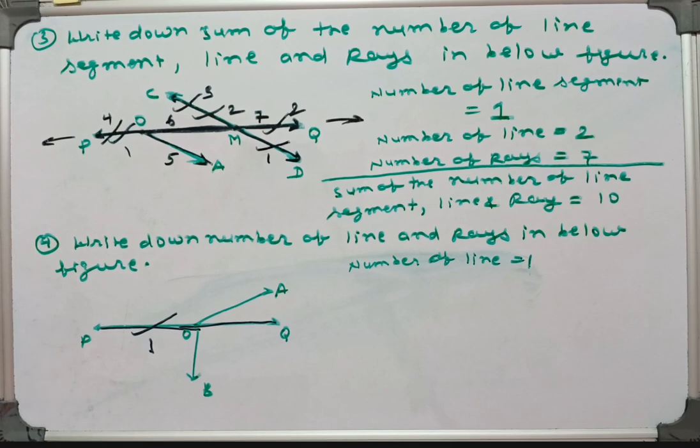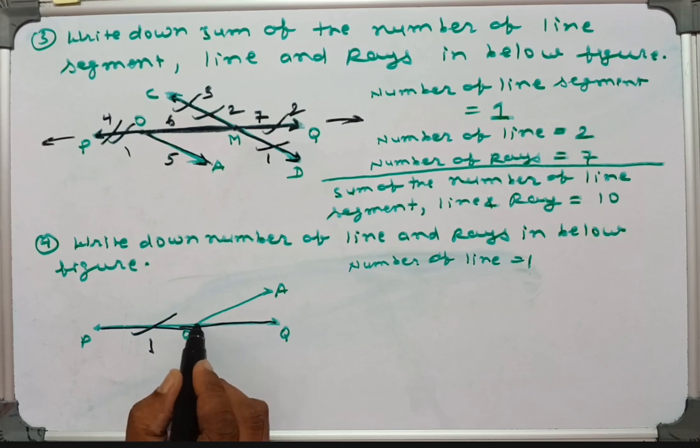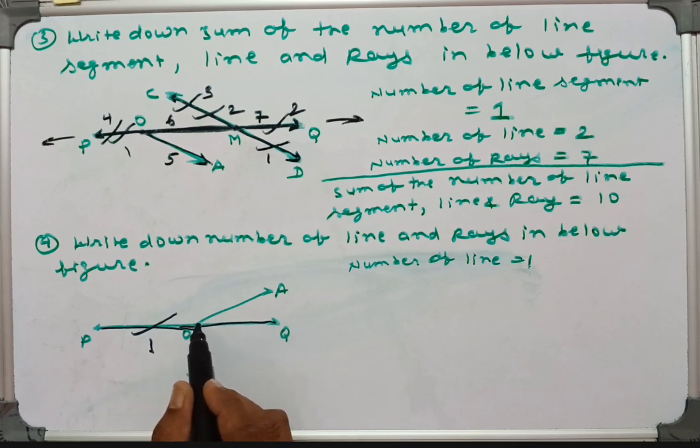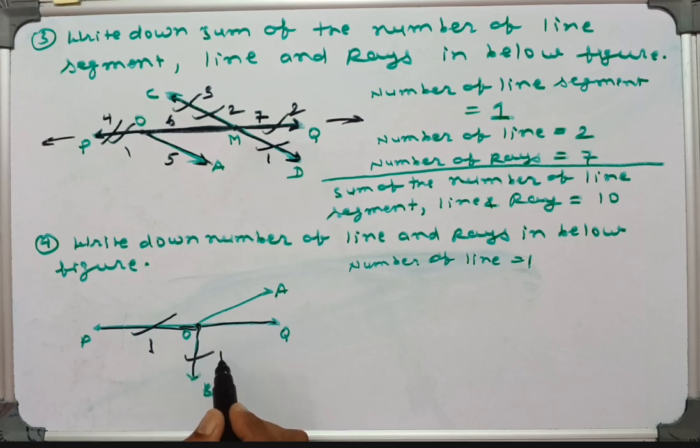What about the number of rays? Now we count rays one by one. As per the definition of a ray, you know, one point of the ray is fixed and the other point could be extended up to infinity. So see here, OB is also an example of a ray. This one is the first one.